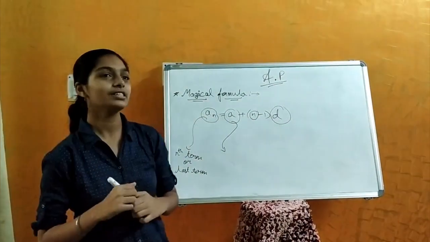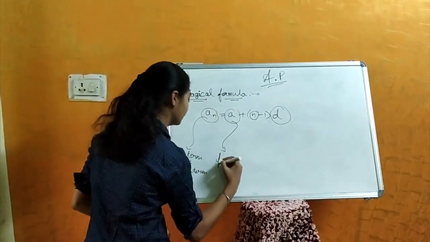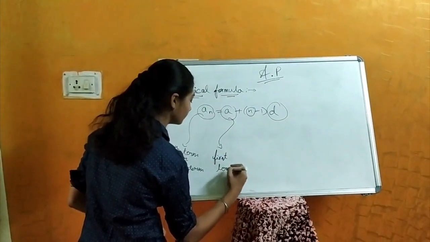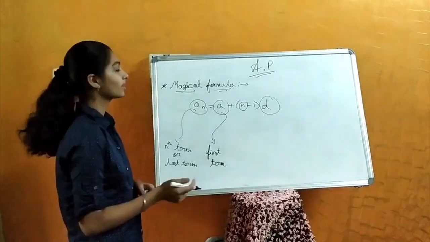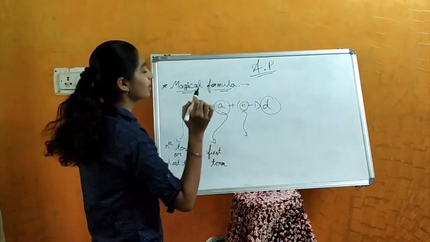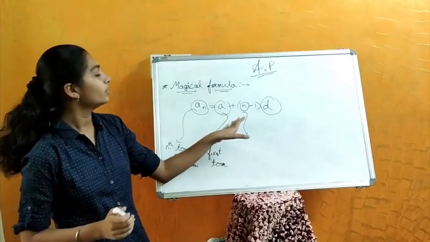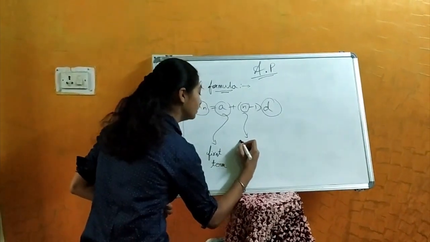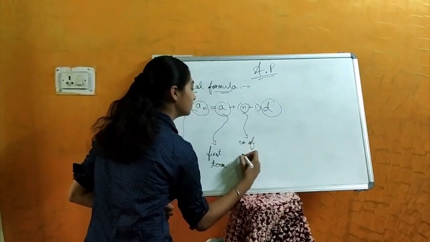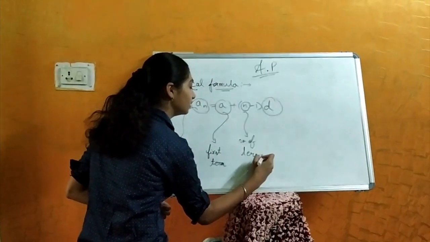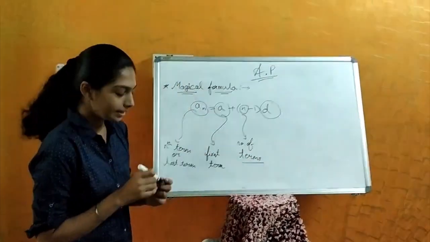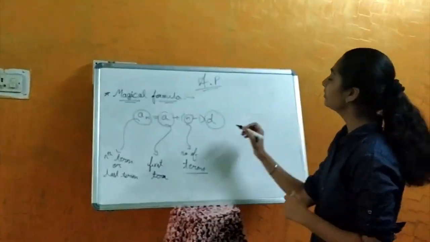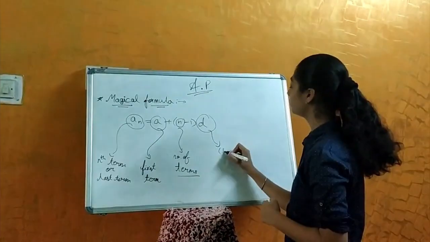So here also this a represents the first term of an AP. Okay. Now what about this n? Usually we denote n as the number of terms, isn't it? So here also n means the number of terms. Okay. Now you might be thinking about d. What is d? Division? No. D here means difference, common difference.